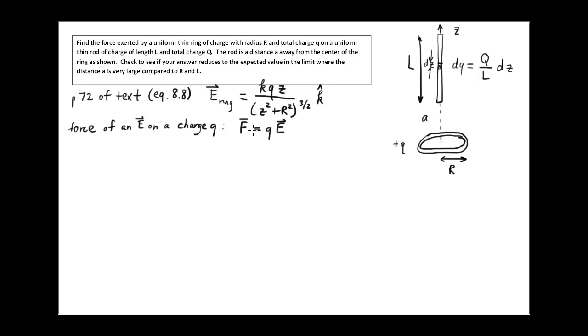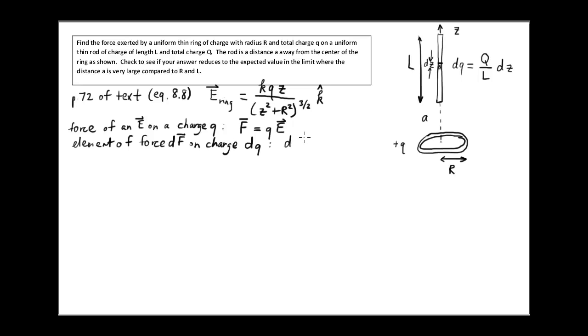Well, here what I'm going to do is find the element of force, which we're going to call dF, on the charge element dQ. And I can just copy this down from the force equation.